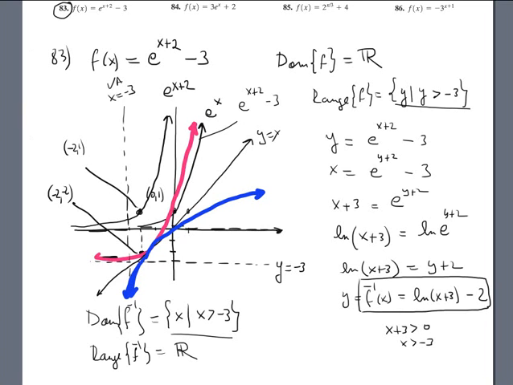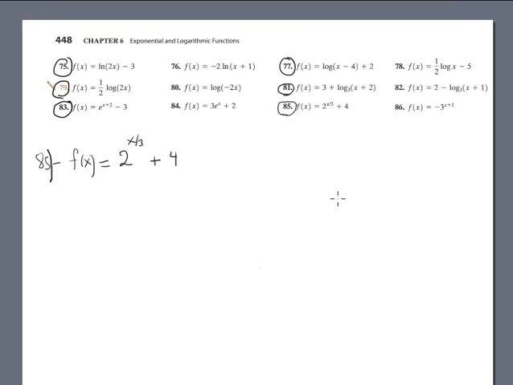And this is associated, of course, with this expression, ln(x plus 3) minus 2. It's the inverse function. Super perfect. Okay, 85 is the last one in this section. Wow, finally.